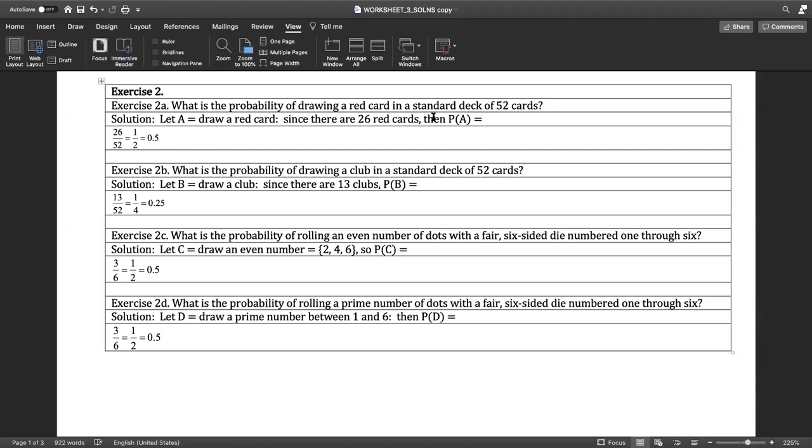Typically, a standard deck has 4 suits. Each suit has 13 cards in the deck, and the suits are hearts, diamonds, clubs, and spades. So the deck of 52 cards is sitting there in front of us, and we're going to draw a card.